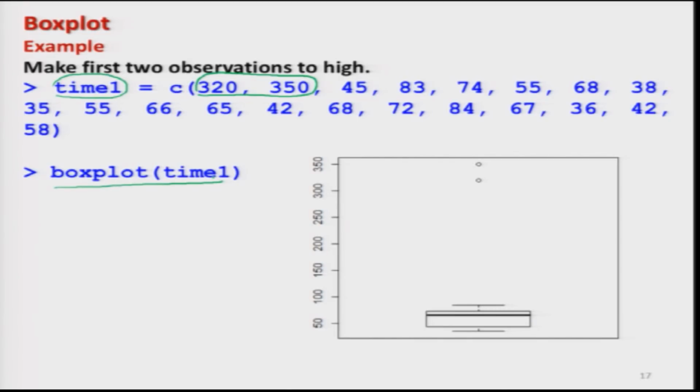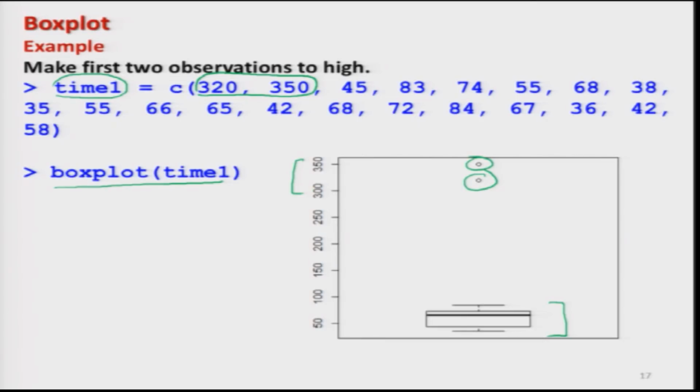You can see here that this box plot is very different from what you obtained in the earlier case. Not only this, it is also showing you that there are two observations which are possibly extreme observations. So, this graph is giving you information that when you are analyzing that data, please take a look at the values somewhere between 300 and 350.